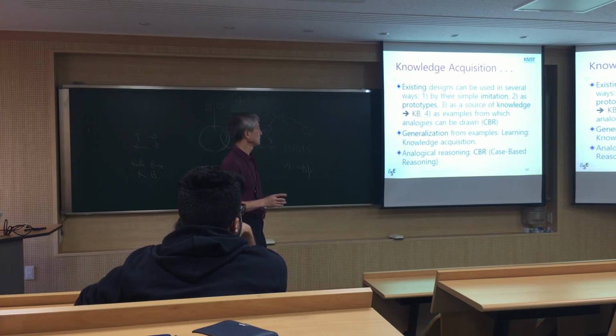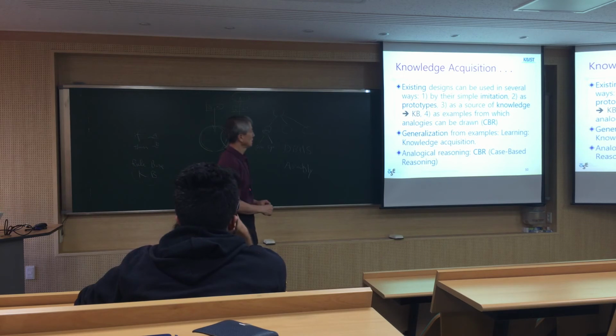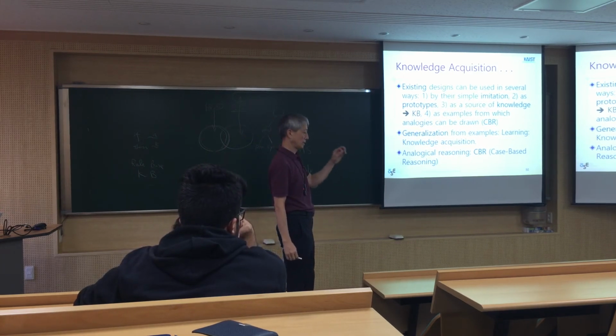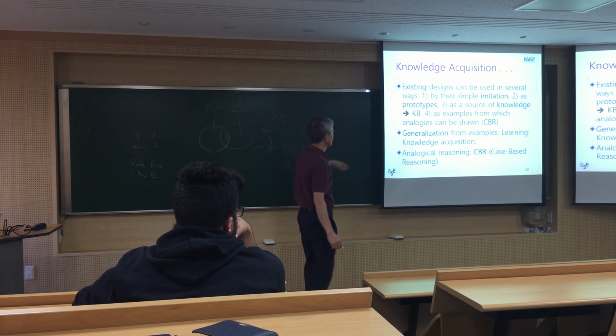Or as a prototype. I explained the Boeing 747 prototype. A good design, right? You can collect knowledge from the design, the smartphone or the Boeing design, so we can produce a knowledge base.